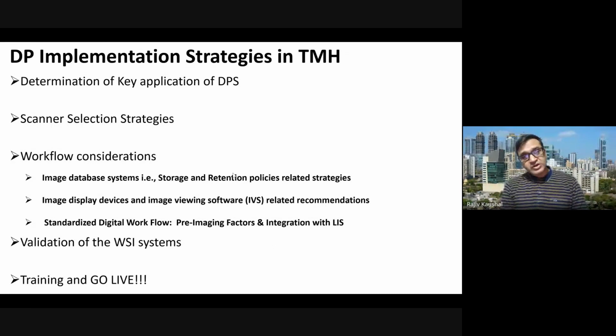The next important thing is that it is not only the scanner, but there are many other things also required for the successful use of digital pathology. That includes building up a good image database and integration into the routine workflow. There should be good image viewing devices or monitors, and the viewing software should be as user friendly as possible.